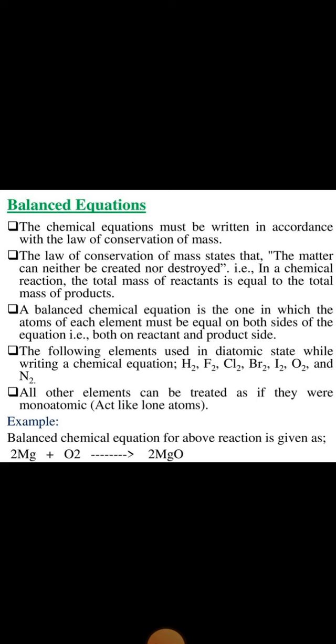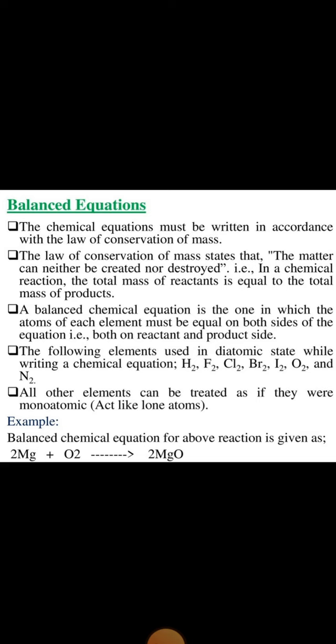Here you can see the example of a balanced equation. How do we write the balanced equation? Now you have seen the word equation and the skeleton equation. In the skeleton equation it was simply magnesium plus oxygen giving you magnesium oxide, but it does not give you the information about the number of atoms participating.